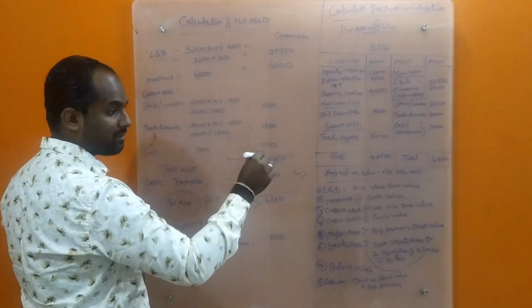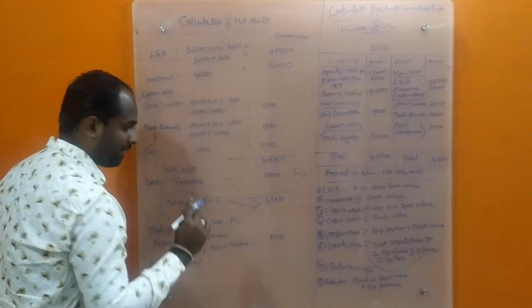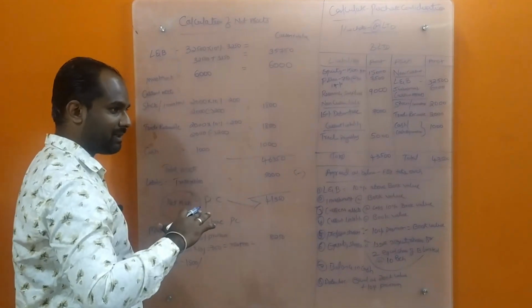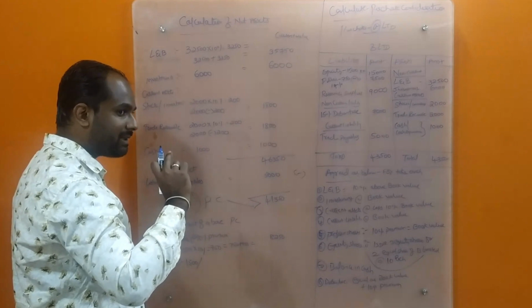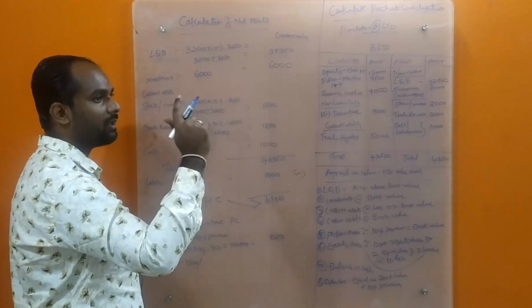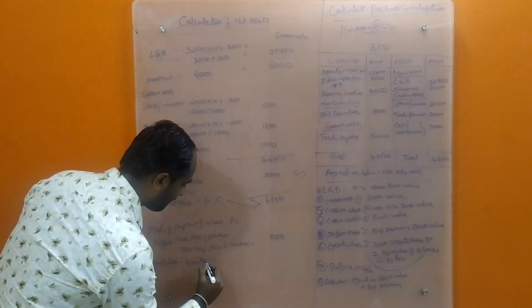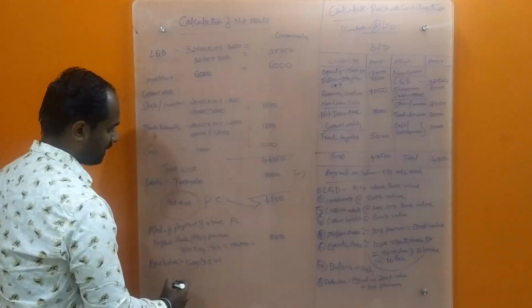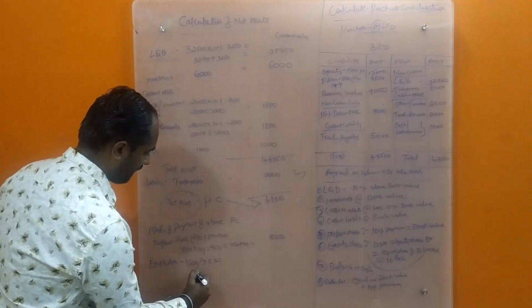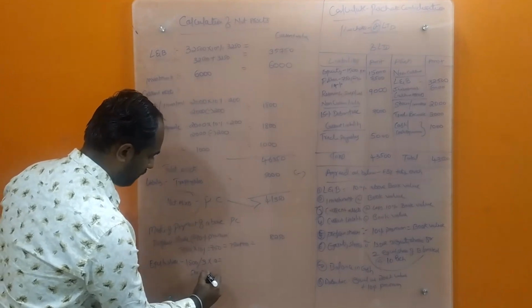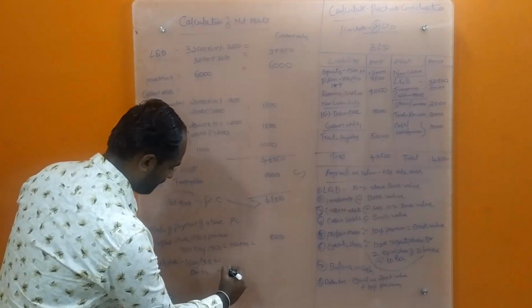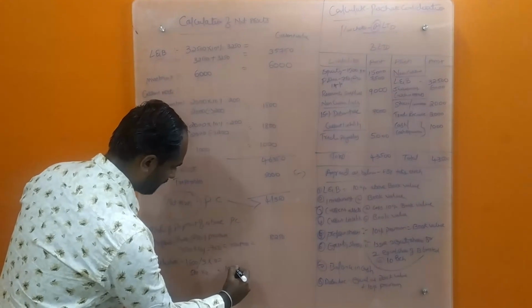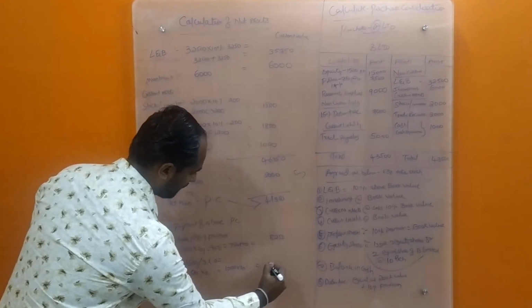So they are going to pay for the 1,500 shares B Limited is having. For each 3 shares they are going to pay 2 shares. So divided by 3, how much? 500, right? Into 2, so nothing but 1,000 shares at 10. So that is 10,000.